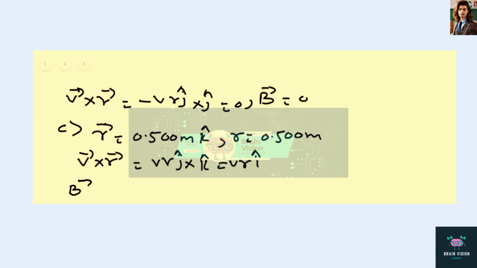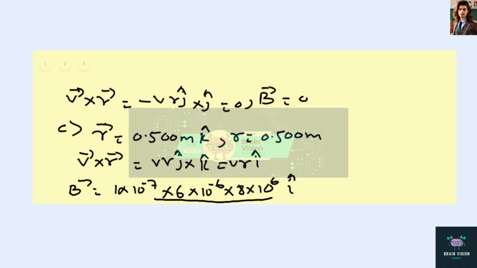Substituting the values for B, which is 1 times 10 to the power minus 7 times 6 times 10 to the power minus 6 times 8 times 10 to the power 6 in the i direction, divided by the magnitude squared, which is 0.50 squared. This gives us plus 1.92 times 10 to the power minus 5 tesla. This is in the i direction.